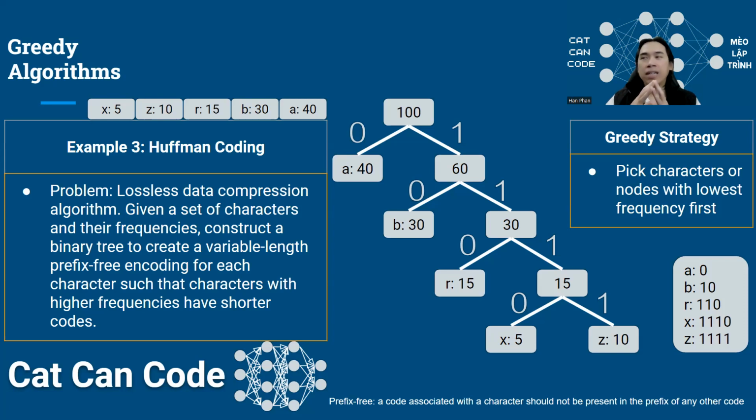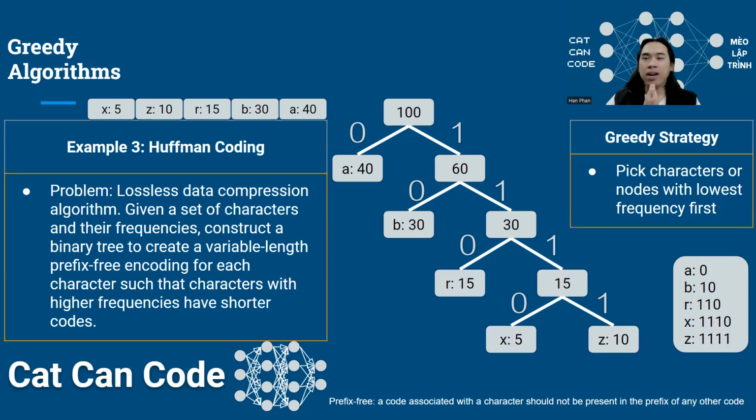The characters that have higher frequency will have shorter codes, and the characters with lower frequency will have longer codes. This way, I can compress the data, and this strategy also makes sure that our algorithm generates codes that are prefix free. So there's no loss of data during the compressing process.